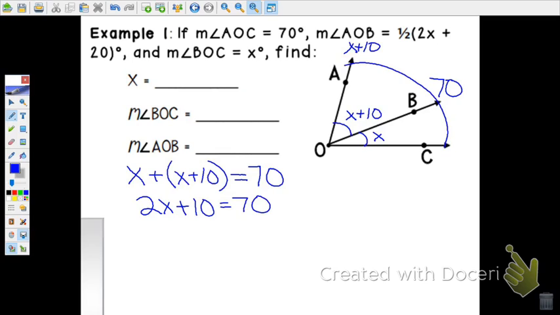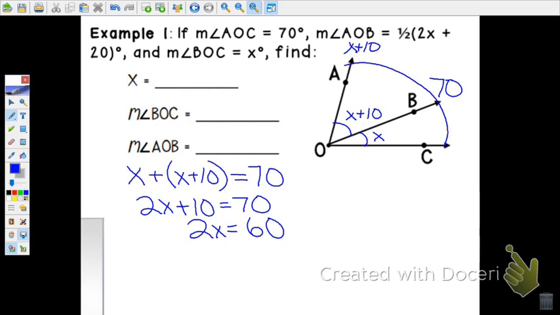Some of you are trying to do a lot of stuff in your head and are making silly algebra mistakes on the quiz. So make sure you watch what you're doing. So 2x is equal to 60 because I subtract 10. Some of you are adding 10.